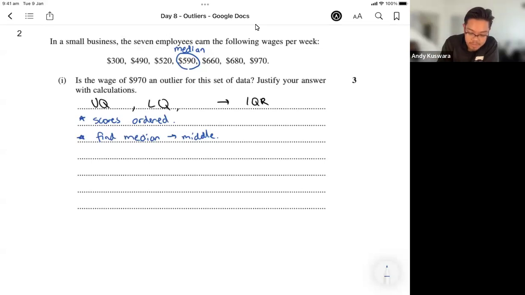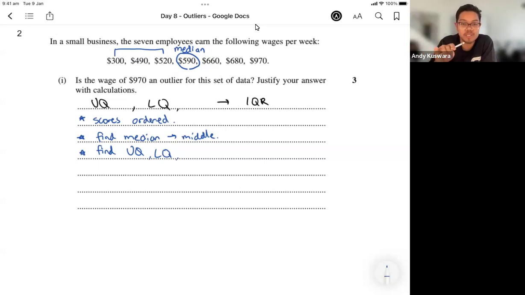And so now, to find the upper quartile and the lower quartile, find the median again. Because there's only one score in the middle, we don't have to count that 590 again. If there were 2 scores in the middle, then we'd have to count that score again.